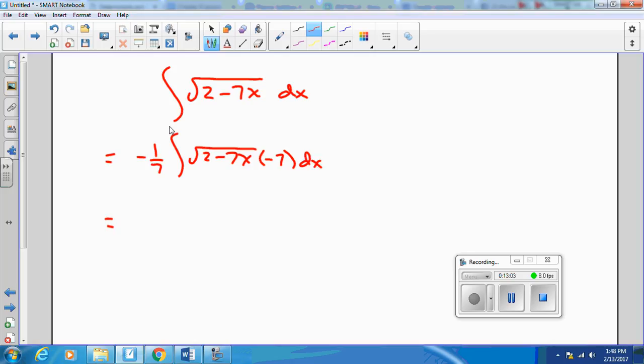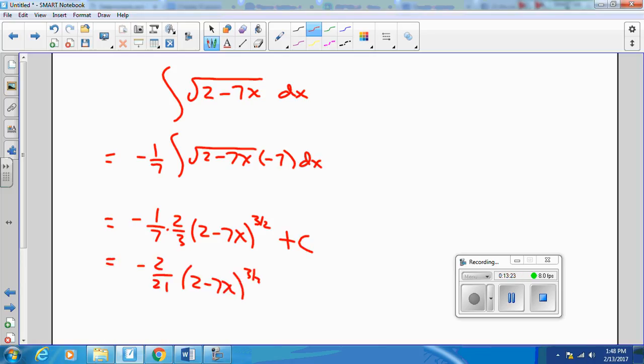So I got negative 1 over 7 times 2 over 3 times 2 minus 7x to the 3 over 2 plus c. I'm going to check it. Perfect. And it checked out. That's great. Good job.